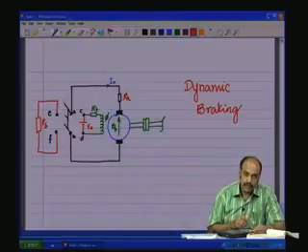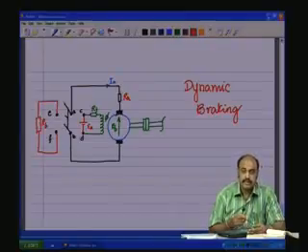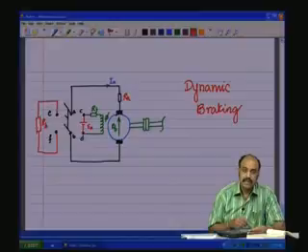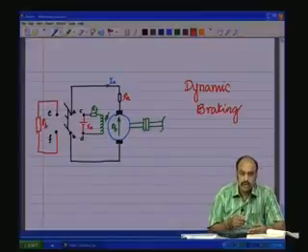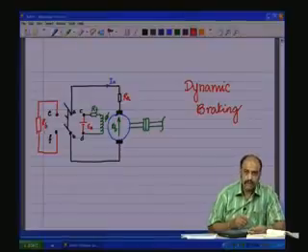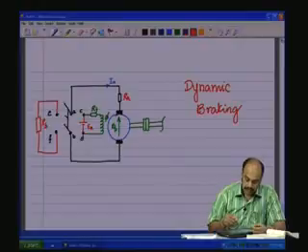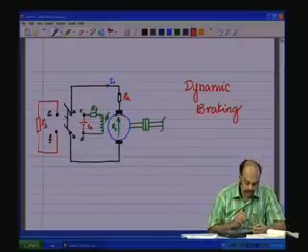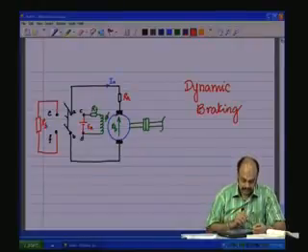The RB value is much lower, and therefore more IA flows through RB and gets dissipated much faster, because a higher value of IA means IA square RB is much higher, and therefore the amount of energy drawn in unit time will be more, and the speed will reduce and come to 0 much faster.